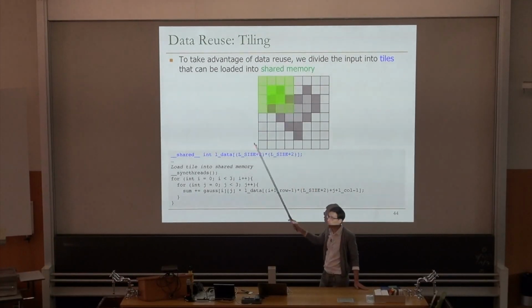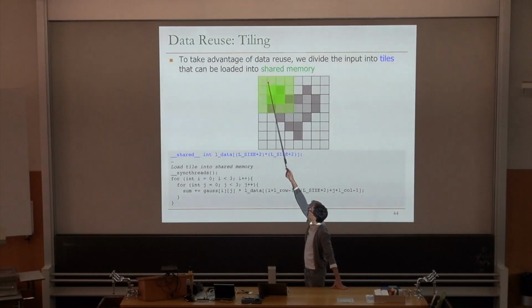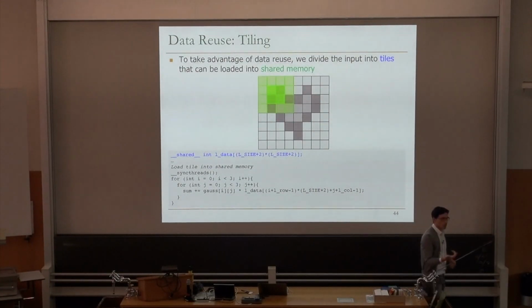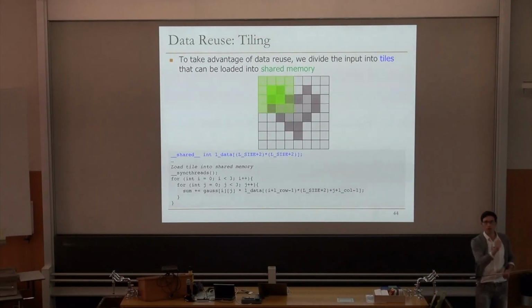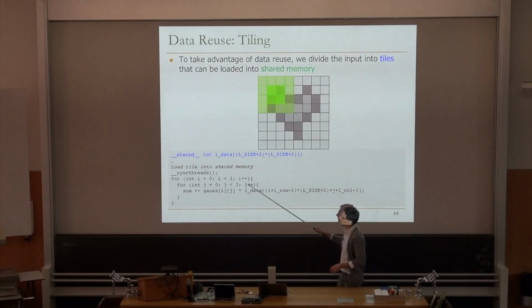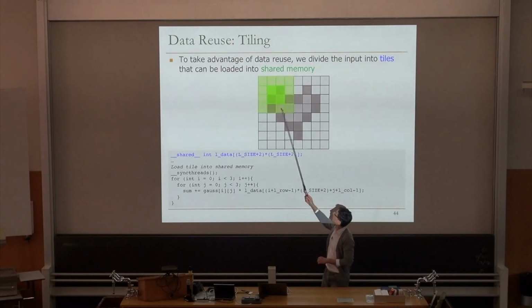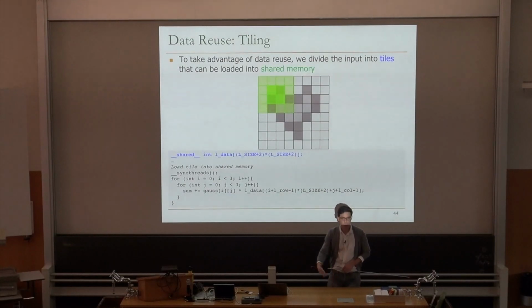We don't have the specific code here, but as you can guess, what we are going to do is assign each of these pixels, each of these 4 times 4 pixels, to one thread. The threads will read from global memory, and they will store into the shared memory. Then we need to synchronize the threads, because we want to make sure that all the threads that are going to read this tile completely finish this operation of going to global memory and storing into shared memory.